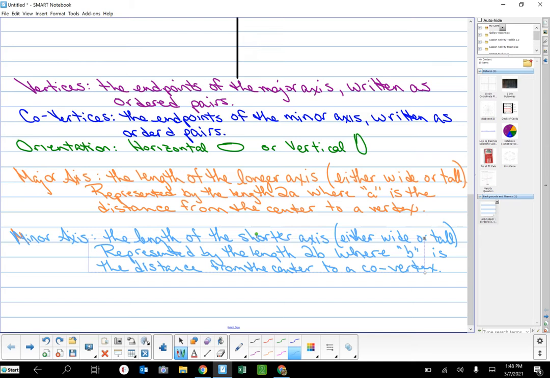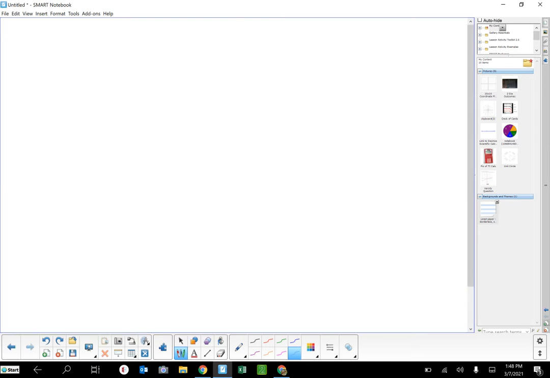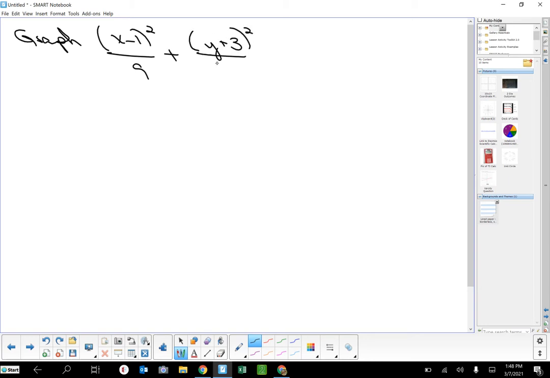Let's talk about graphing one. Let's go to a new page. We're going to graph x minus 1 quantity squared over 9 plus y plus 3 quantity squared over 16 equals 1.